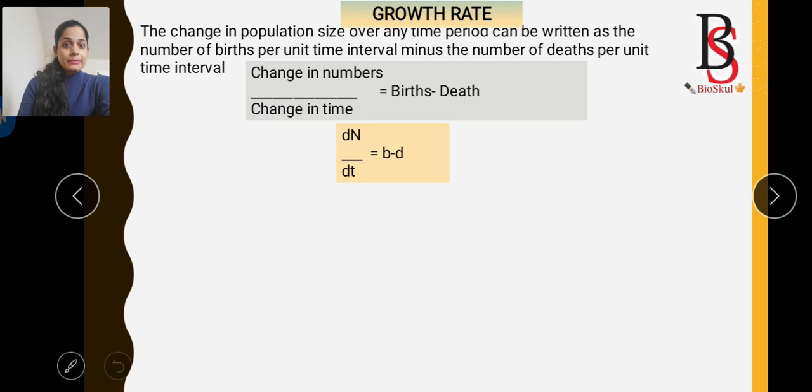We can represent this mathematically as change in number as dN, change in time as dt, birth as B and death as D, that is dN by dt equals B minus D.